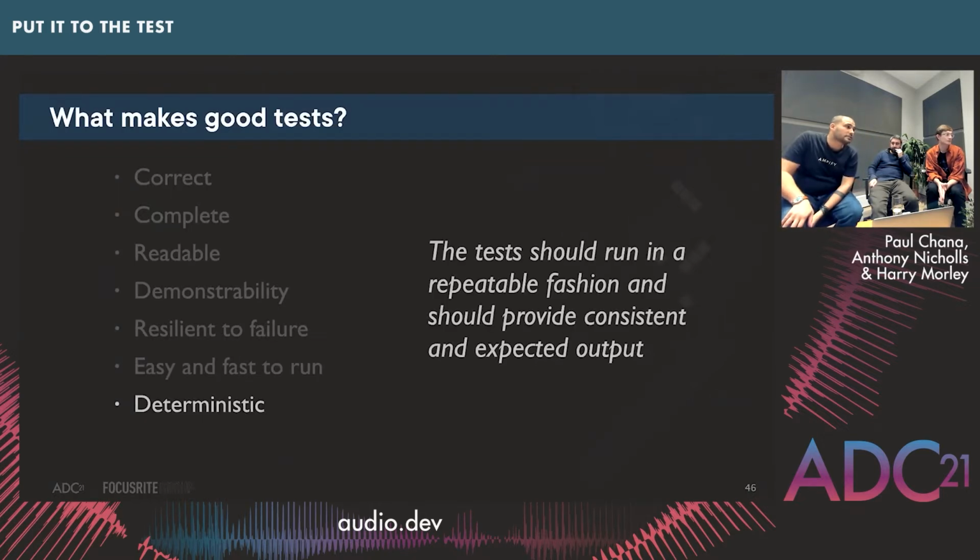And yeah, so the last one is about deterministic. So the test should run in a repeatable fashion and should provide consistent and expected output. So referring back to my random number generator, you shouldn't really have randomized stuff in tests.